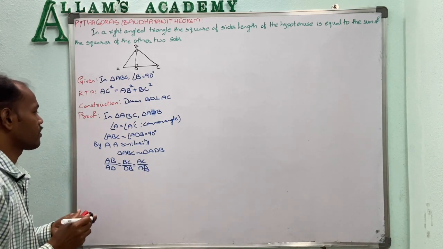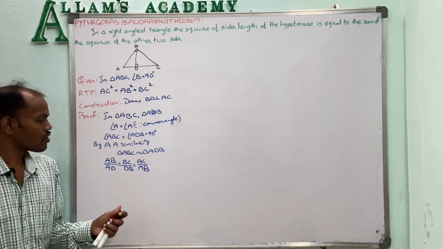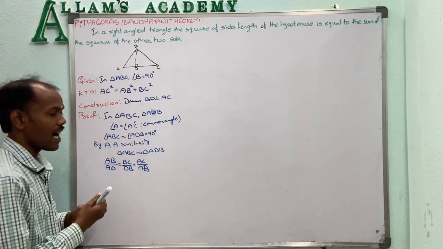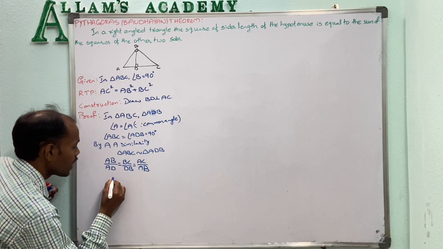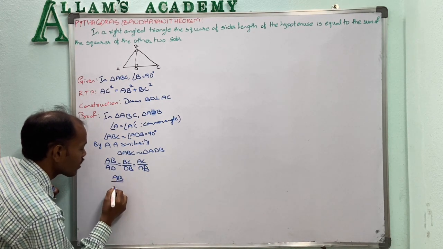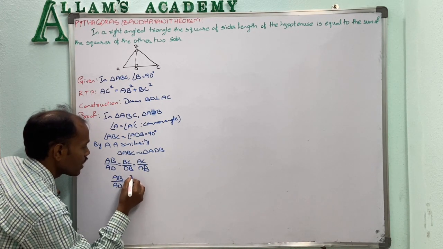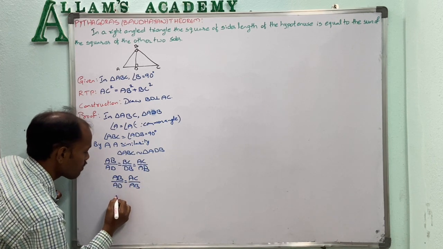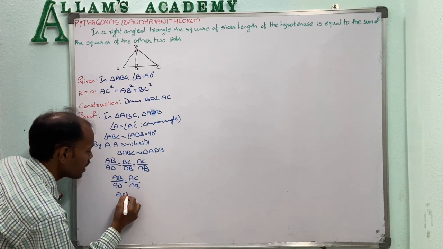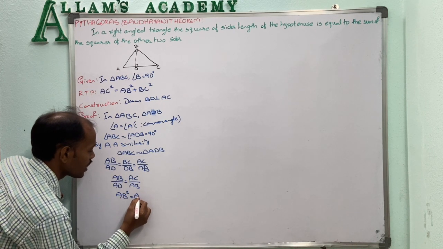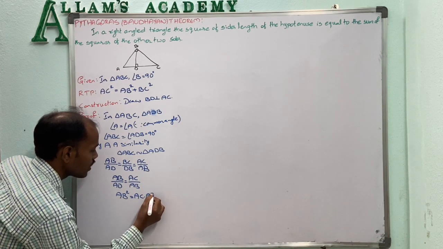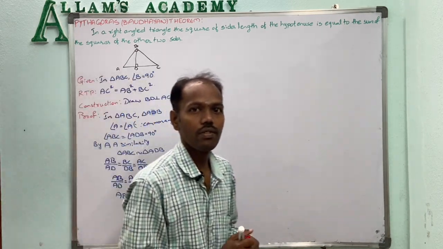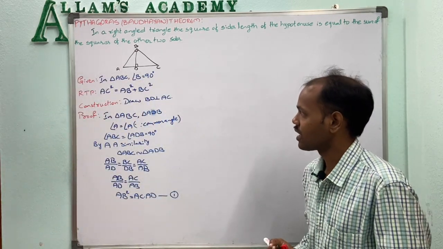Now if I take the first ratio and the last ratio, that is AB by AD equals AC by AB. By cross multiplication, AB into AB, that is AB square, equals AC into AD. Take this as the first equation.